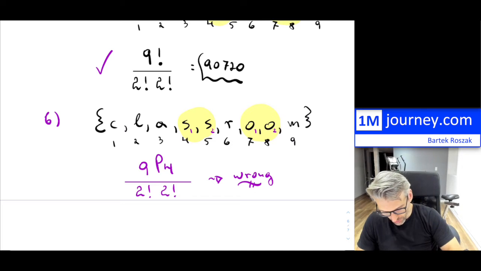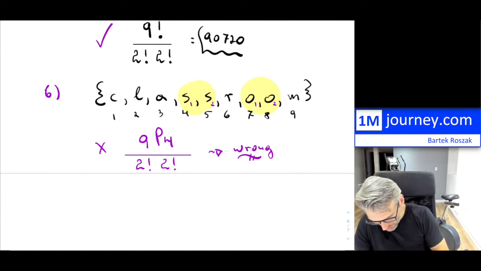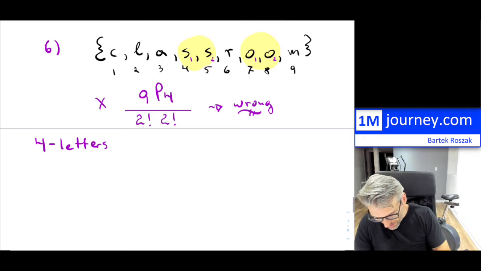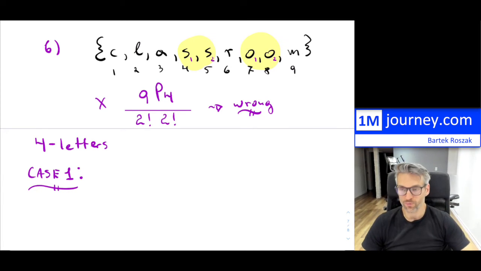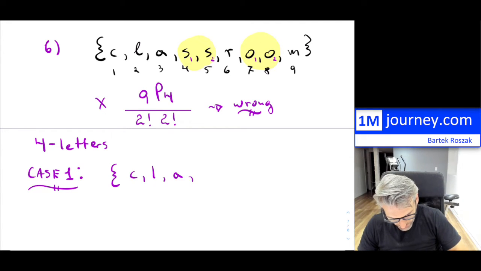So if this is incorrect, then we have to do certain cases. We know we're going to be picking 4-letter words, so I'm going to break this down into cases. Here's case number 1, and this is what I would encourage you to do. For case number 1, always try to take all the letters but not repeat them.